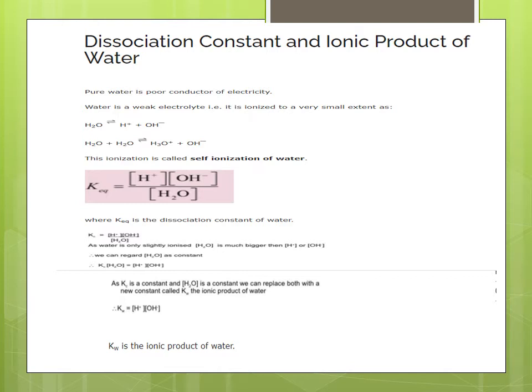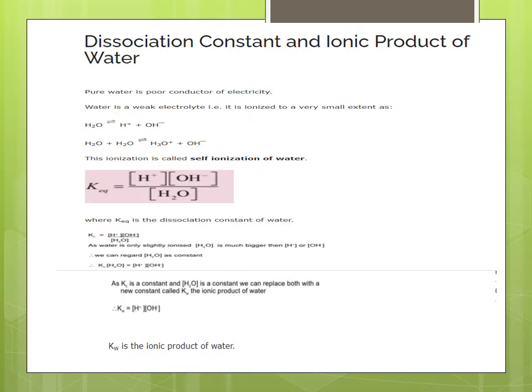Now K is equal to molar concentration of H+ times molar concentration of OH- divided by molar concentration of H2O. As water is only slightly ionized, the molar concentration of water is much bigger than the molar concentration of H+ or OH-. Therefore, we can regard H2O as constant.